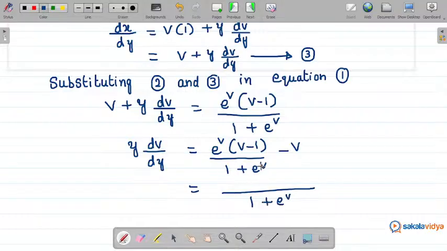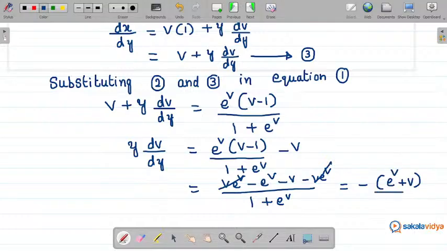Open the bracket: v into e power v minus e power v minus v into 1 plus e power v. Minus v into e power v plus v into e power v gets cancelled. So minus e power v minus v; take minus common, we have minus of e power v plus v by 1 plus e power v.